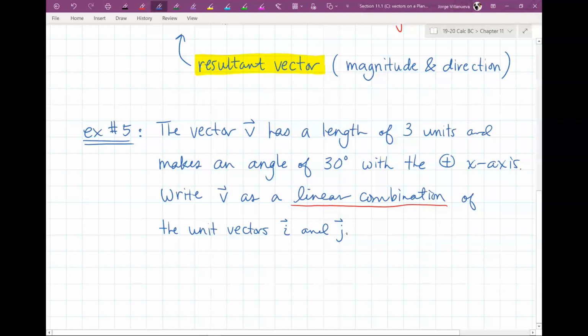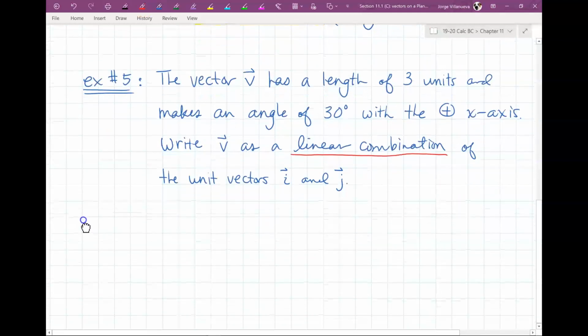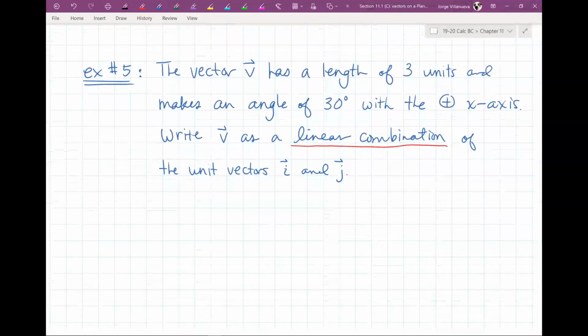A linear combination includes the i's and j's, but they're just saying don't forget that it includes them, so make sure you have that in there. I'll give you a couple seconds to finish writing that down. So the vector v has a length of 3 units and makes an angle of 30 degrees with the positive x-axis. Write v as a linear combination of the unit vectors i and j.